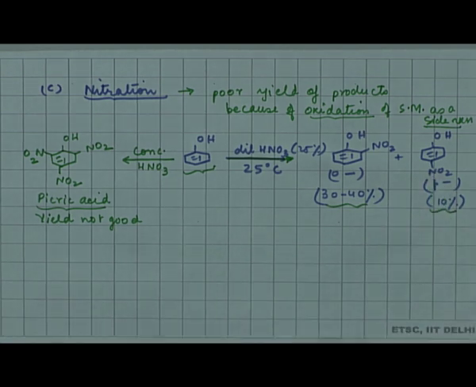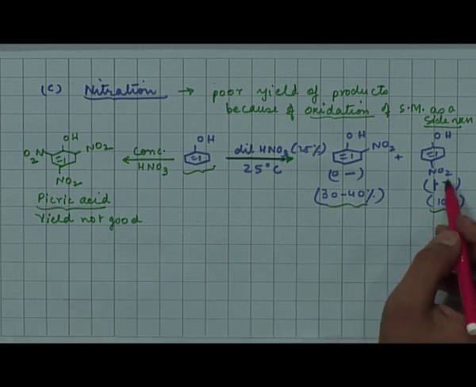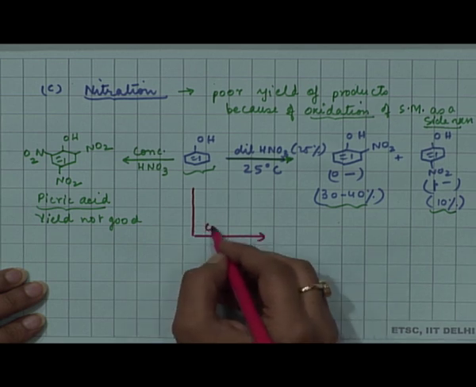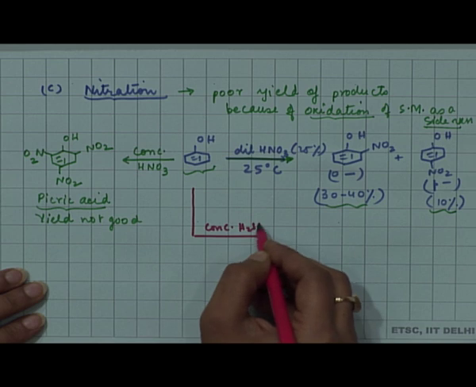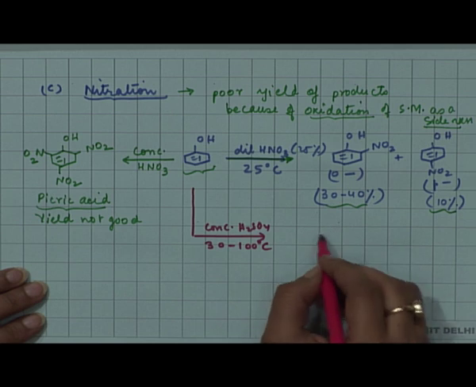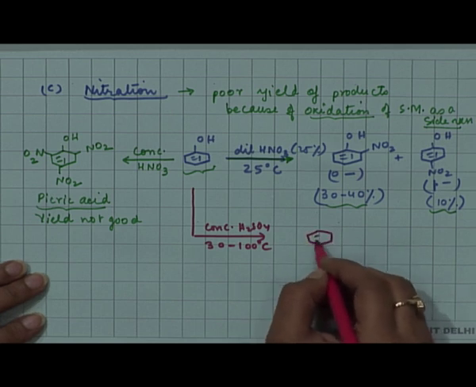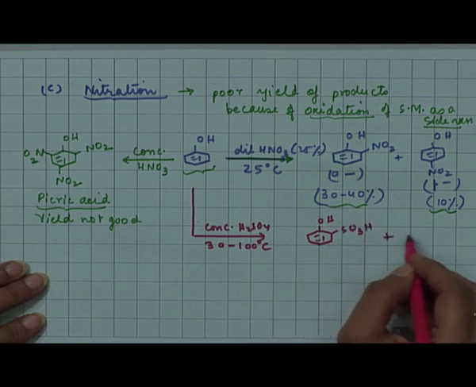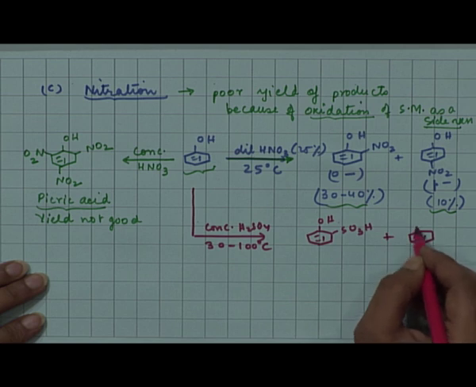So, a better method to execute this reaction and get the nitro derivative is that you first sulfonate it, you treat it with sulfuric acid, and we just saw that when you do this in any of these temperature ranges, you end up with a mixture of ortho and para sulfonic acid, but the yield in this case is good. Okay, it is not at least getting oxidized, the core is not getting oxidized.